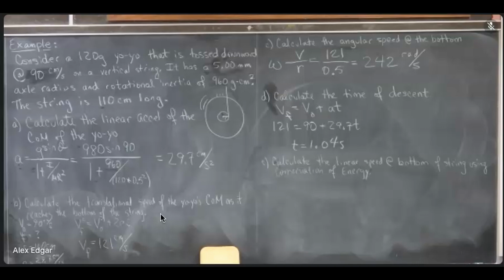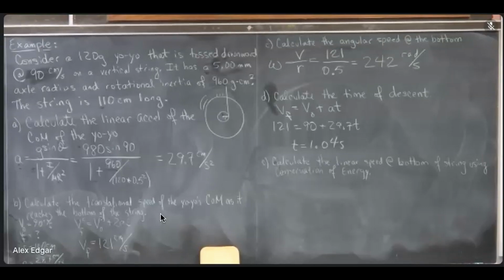Now, yesterday we looked at an object that was rolling down a hill through the lens of conservation of energy, which is a different way of solving a very similar problem, but avoids the messiness of the in-between.